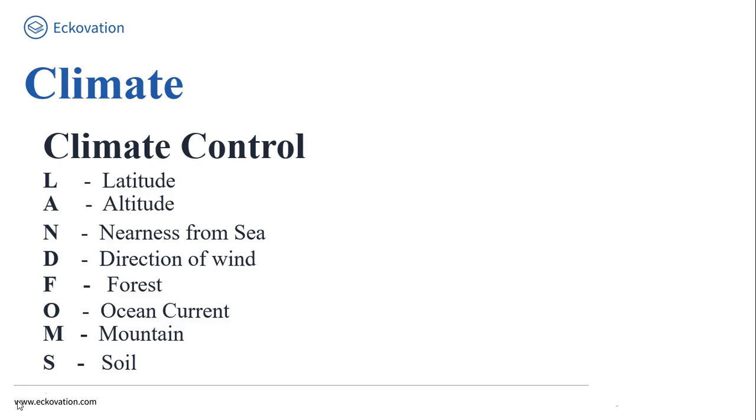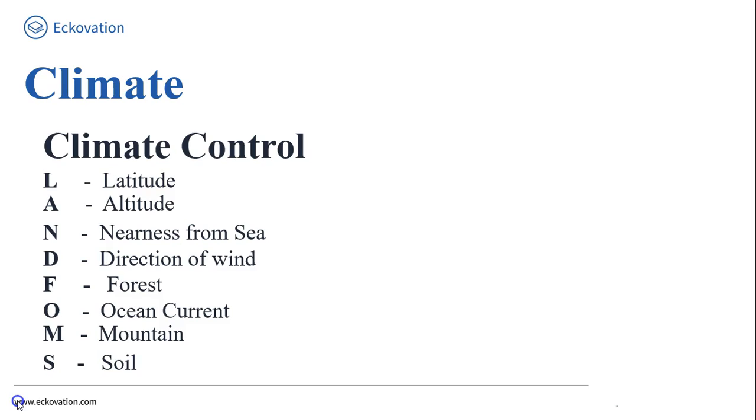Now friends, let's talk about nearness or distance from the sea. Friends, as the distance from the sea increases, people experience extreme weather conditions, that is, very hot during summer and very cold during winters. Now, our next control is direction or pressure of wind.